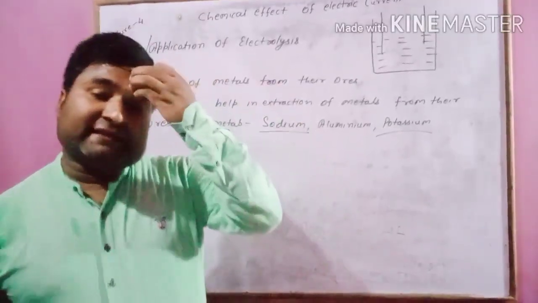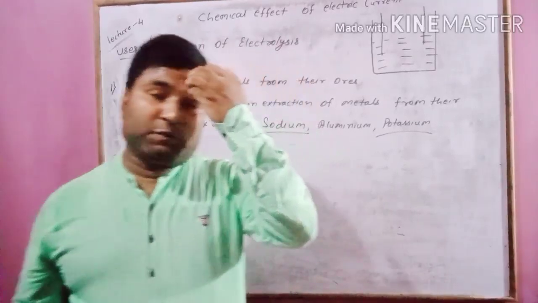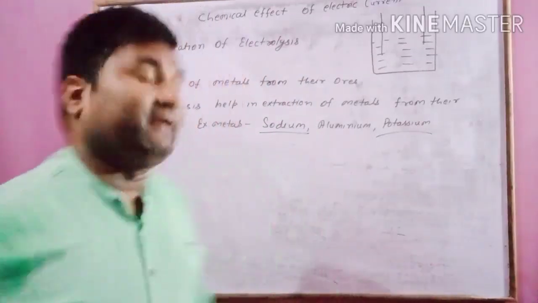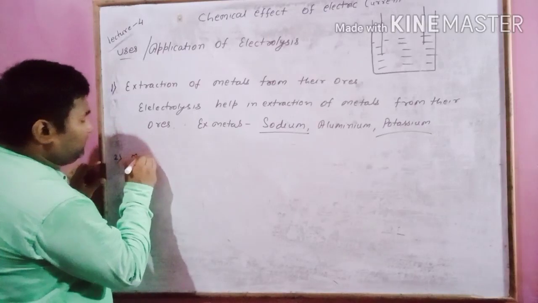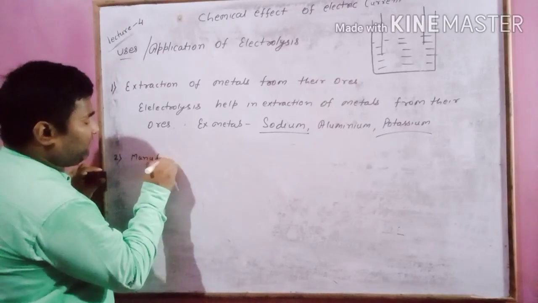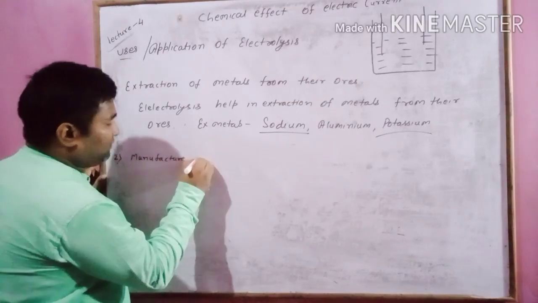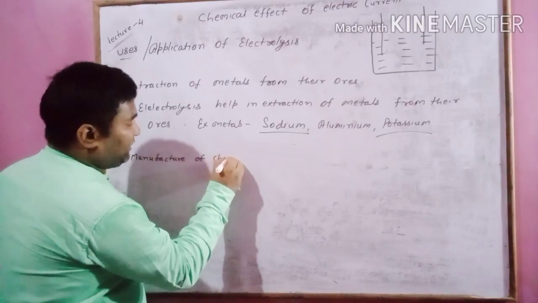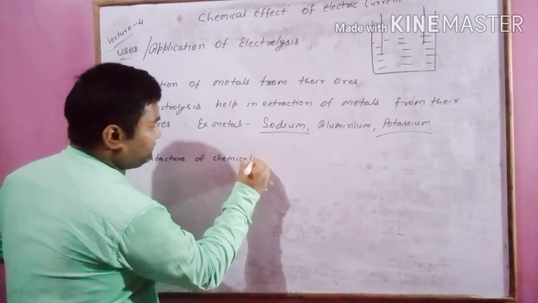Next, electrolysis is also used for manufacture of chemicals.